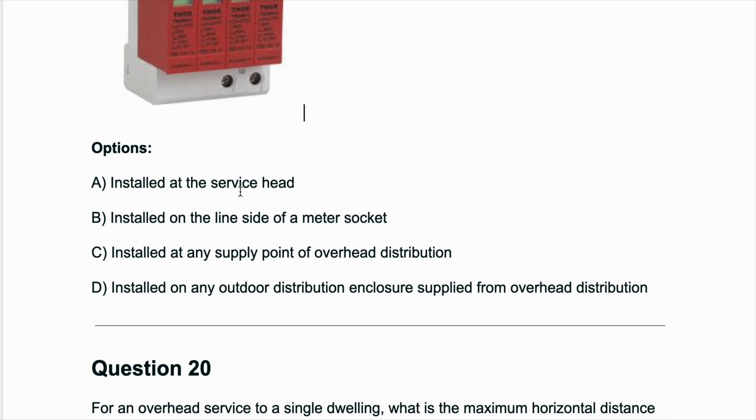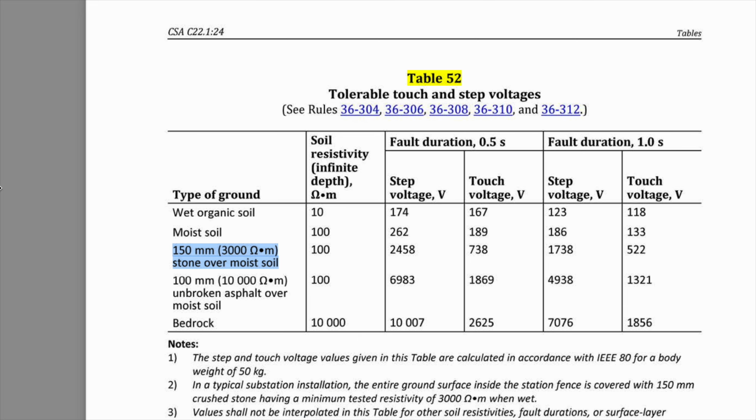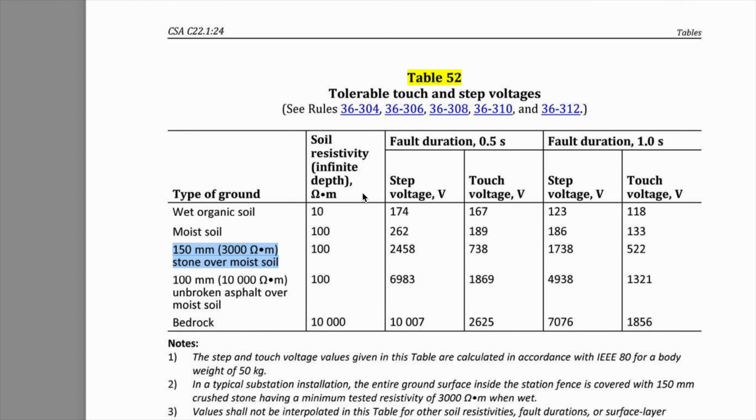Install at the service head, install on the line inside of the meter socket, install at any supply point of the overhead distribution, install on any outdoor distribution enclosure supplied from the overhead distribution. Let's go to the book and find it. Let me find it. Section 26.